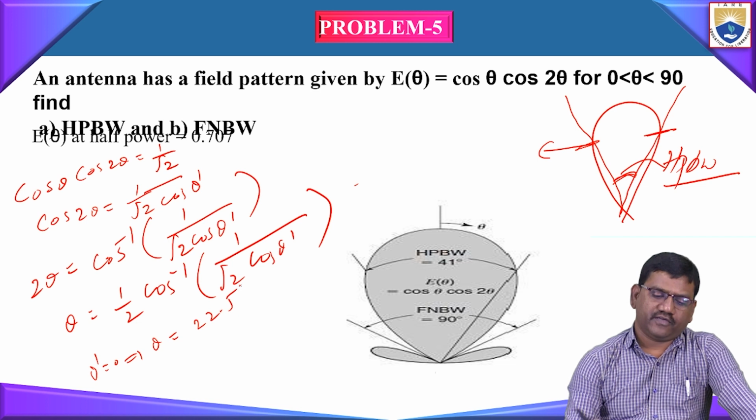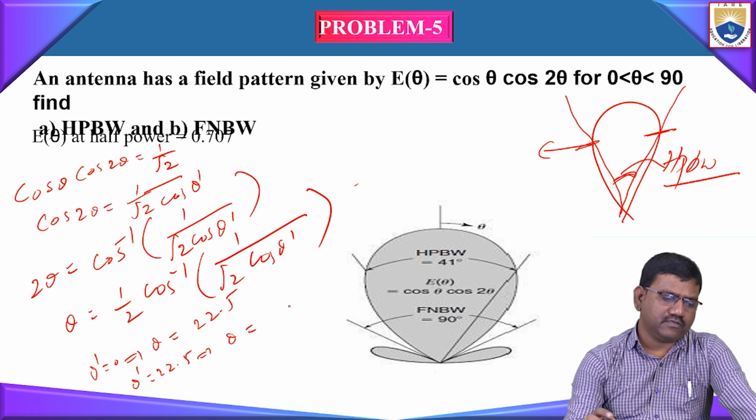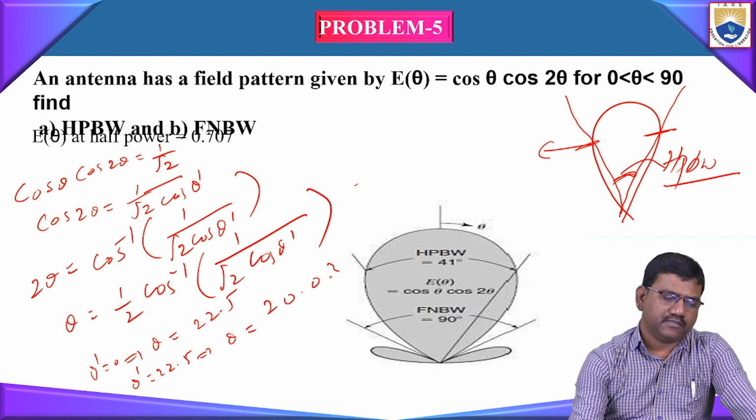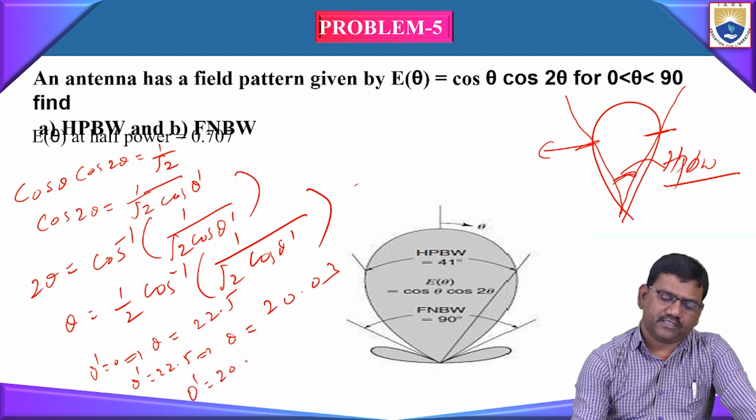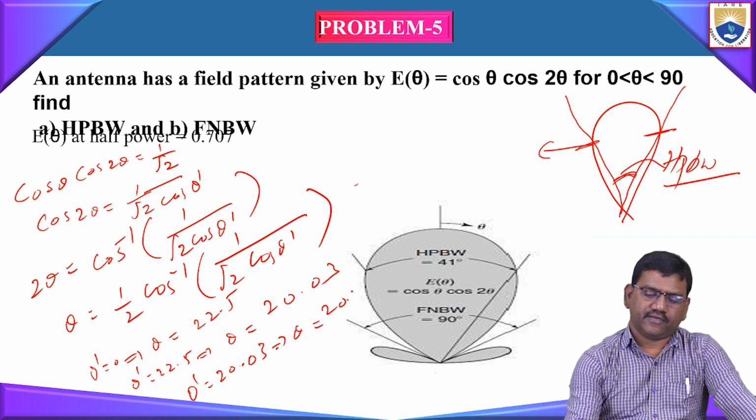So when you get 22.5, substitute in theta dash again. When theta dash is equal to 22.5, you will get theta is equal to 20.03. And if you substitute theta dash is equal to 20.03, you will get theta is equal to 20.47.